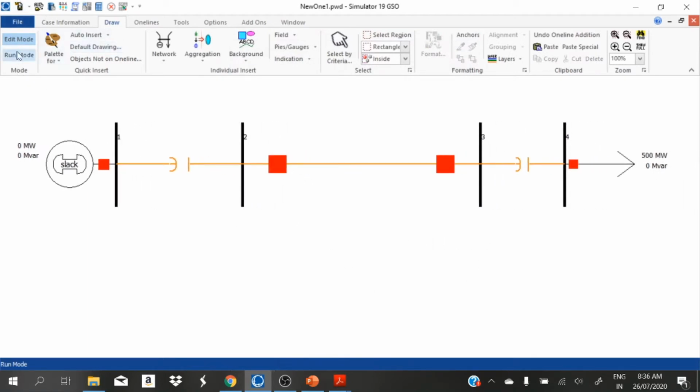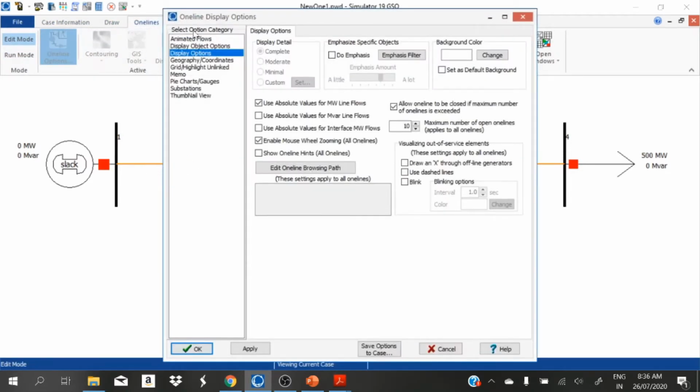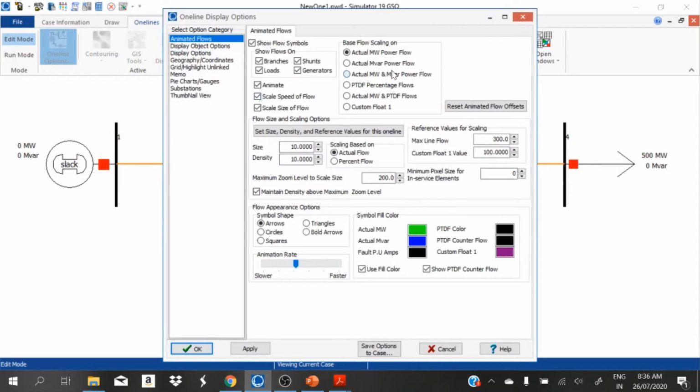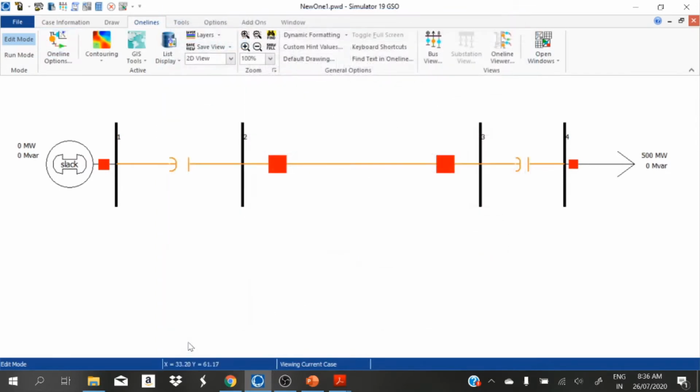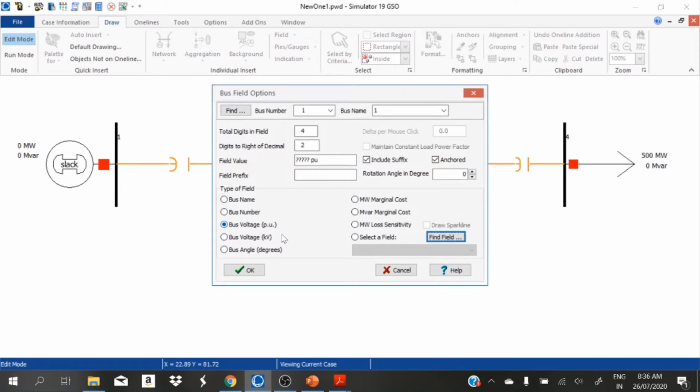Now I want to visualize both active and reactive power flow in the line. I select both actual megawatt and MVAR flow in the line. I want to note down the voltage at the bus.